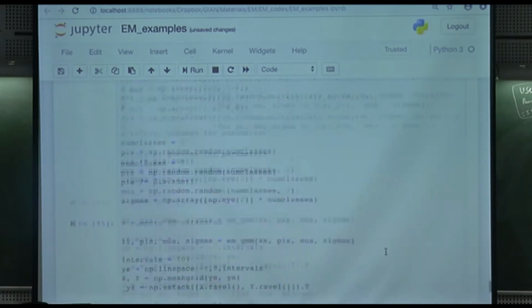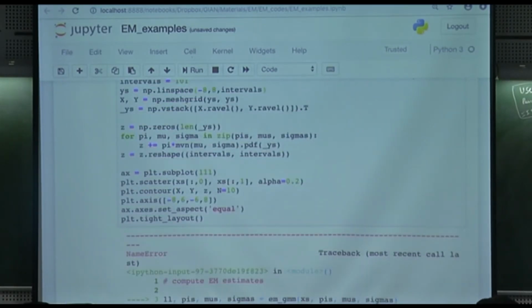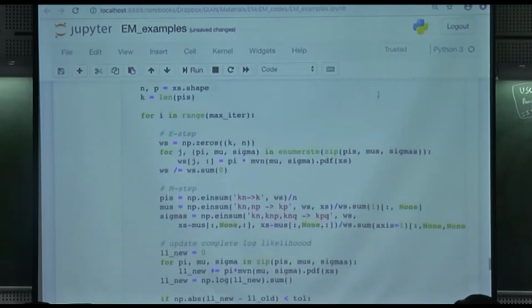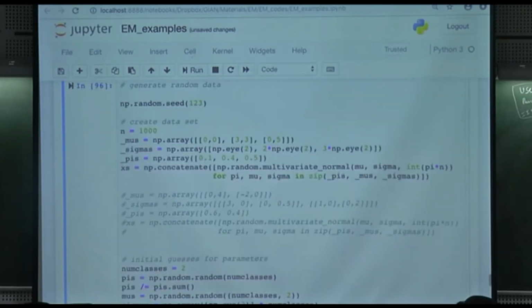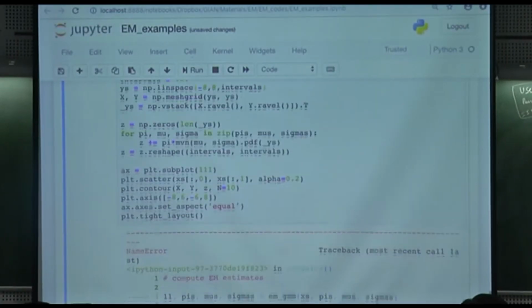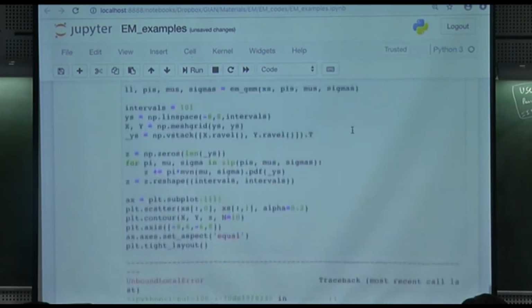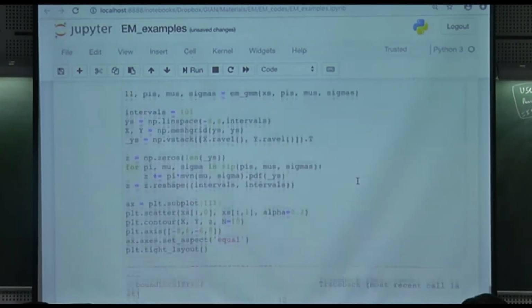Let's see, we run this. What happened here? Oh, I didn't tell you what that is. And then I don't even have this function run actually. Let's run that function. Hopefully, yep. And we run this guy, and then we run this guy. Whoops. What happened here?